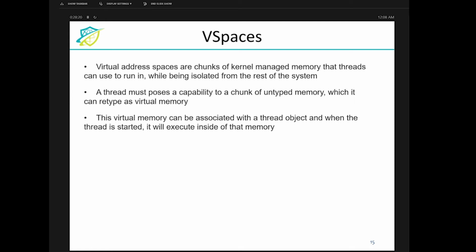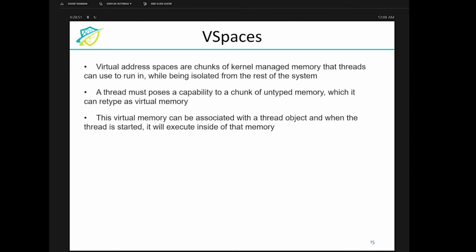This virtual memory is associated with a thread object, and when that thread starts, it lives entirely in that VSpace. And there are very few reasons where it can leave that VSpace. So the idea here is a thread starts, it should, when it is created, have a capability space.